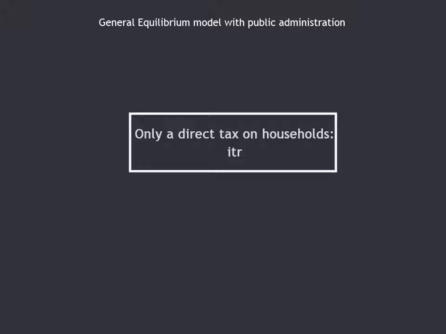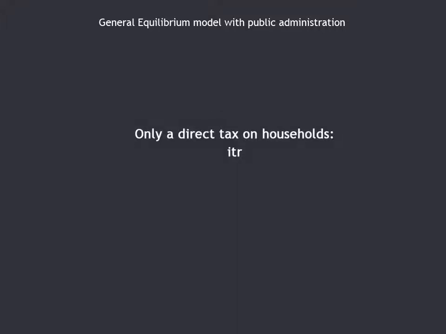So ITR is defined in percentage, and it is levied on household income. So it means that ITR will be in at least two equations, because in fact it generates a revenue, and it also means that disposable income is less than income for households. So let's start with these latter aspects.